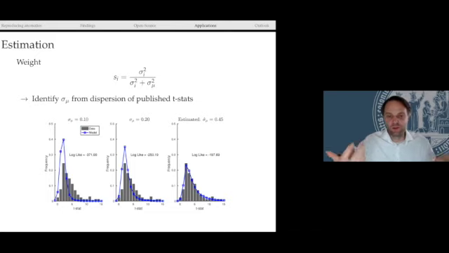So the main intuition for our finding is that there are a bunch of predictors that have been documented in the data with very high t-statistics. To get such very high t-statistics, you do need a lot of dispersion in true mean returns. And that leads to a relatively small shrinkage factor for the publication bias.